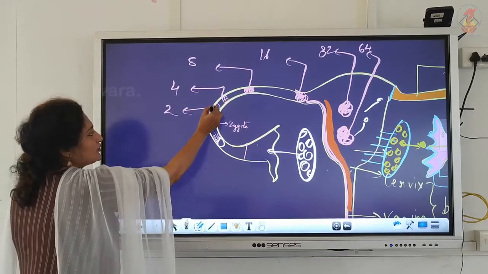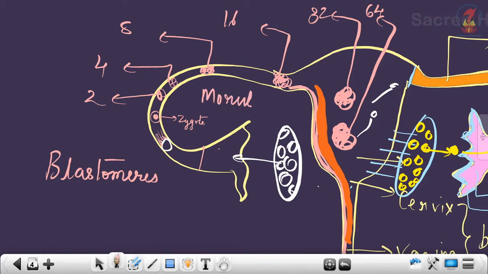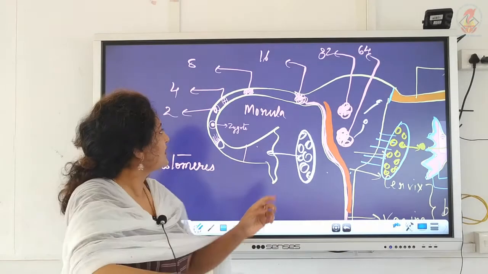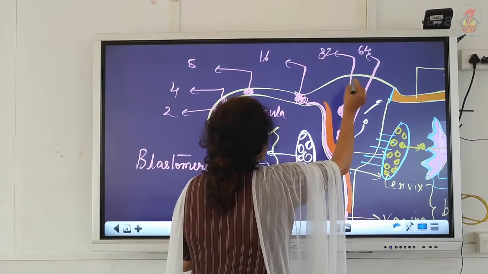The daughter cells produced as a result of cleavage are known as blastomeres. Now there is a name for these stages. Up till here it is called the morula, or the 8 and 16 cell stage is known as the morula. Then the 32 and 64 cell stage is called the blastula.